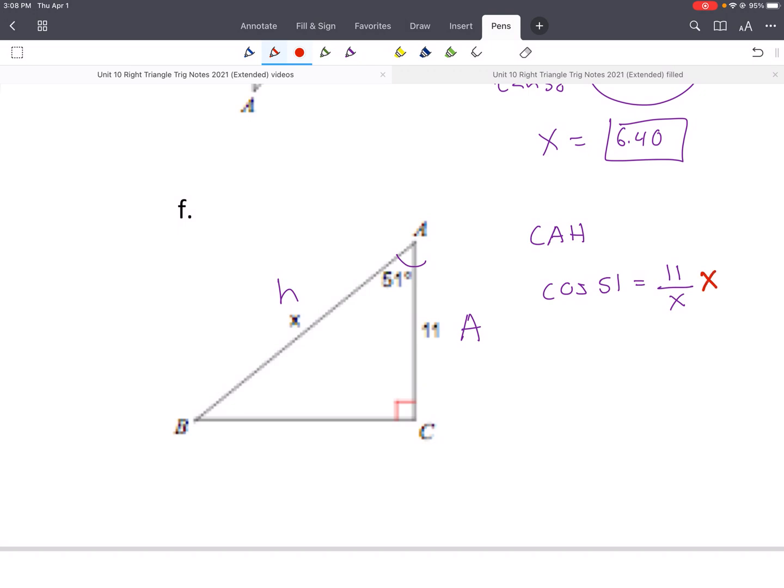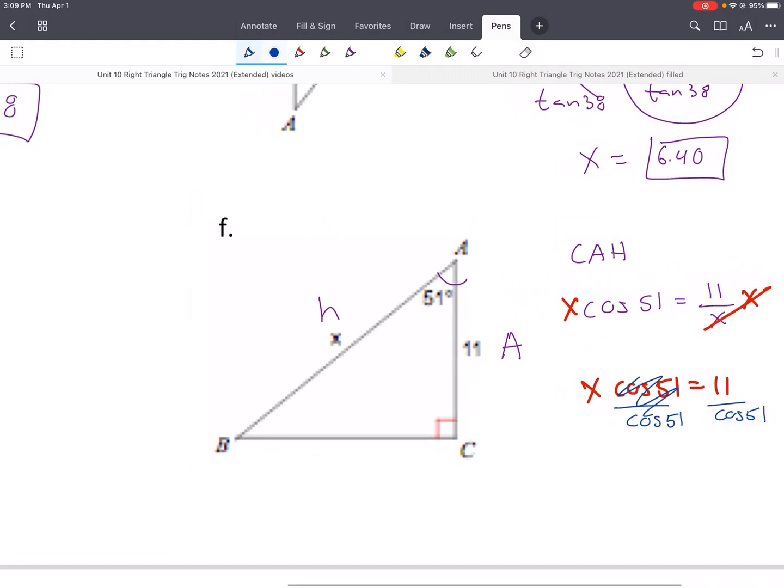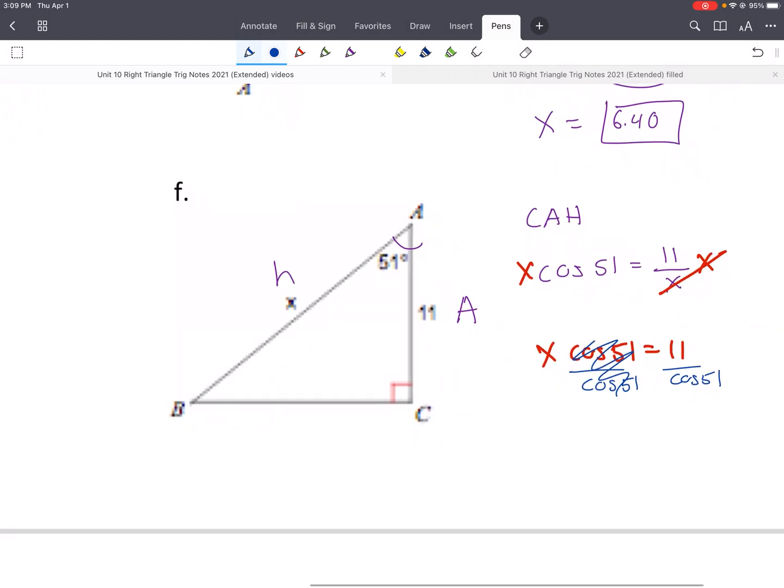Again, we need to multiply both sides by x, and then we need to divide both sides by cosine of 51. So basically we have x is equal to 11 divided by cosine of 51. So x is approximately equal to 17.48.